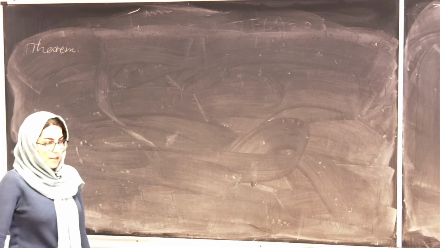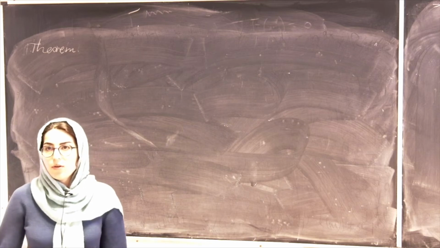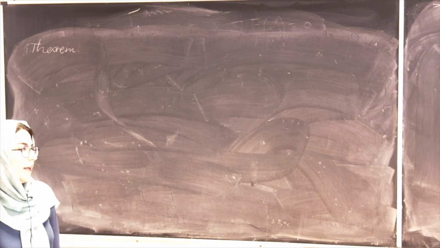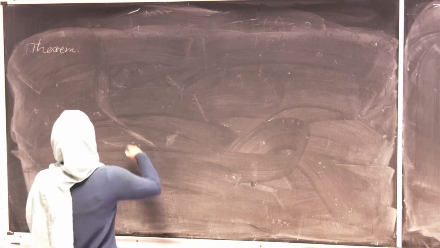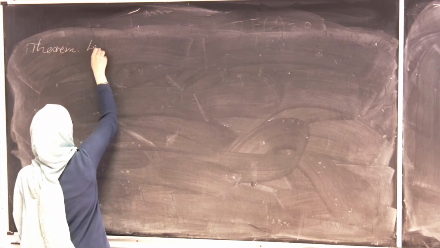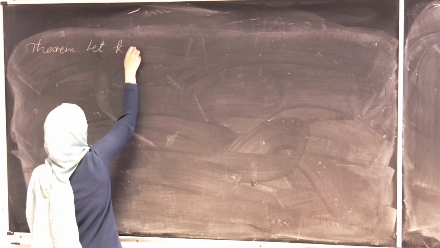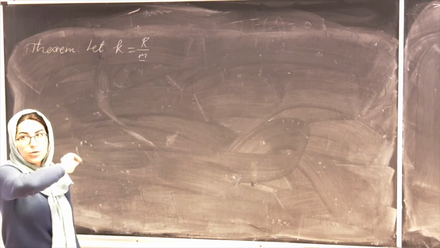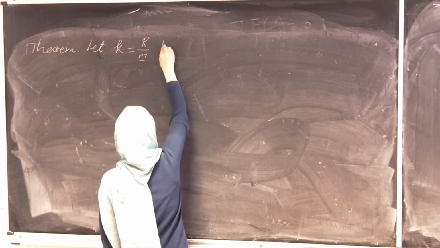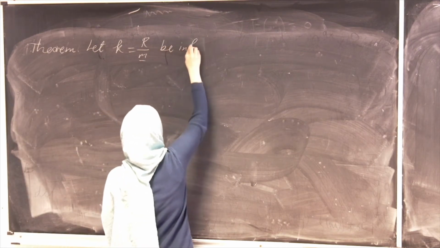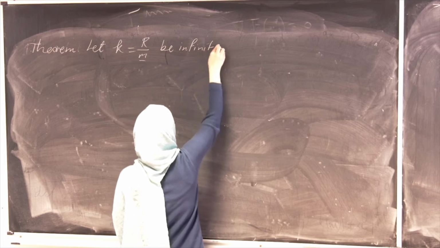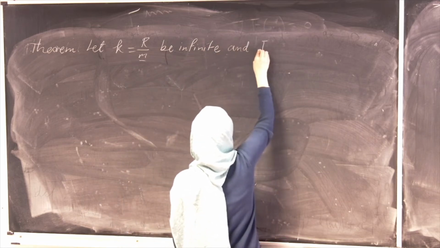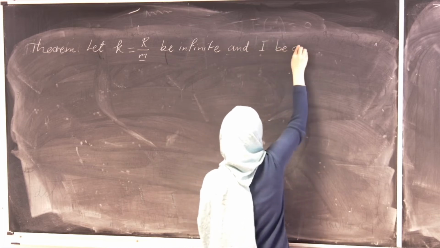My ring is, as always, a Noetherian local ring or a standard graded k-algebra, and M is a finitely generated R-module. The only additional assumption I have is that our field is infinite. And let I be an ideal of definition of M.